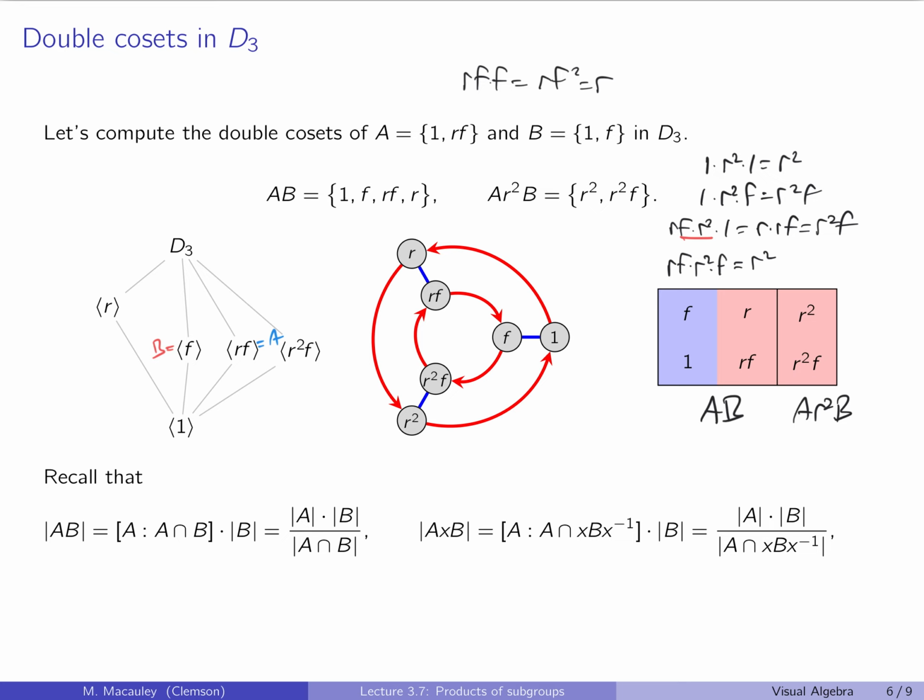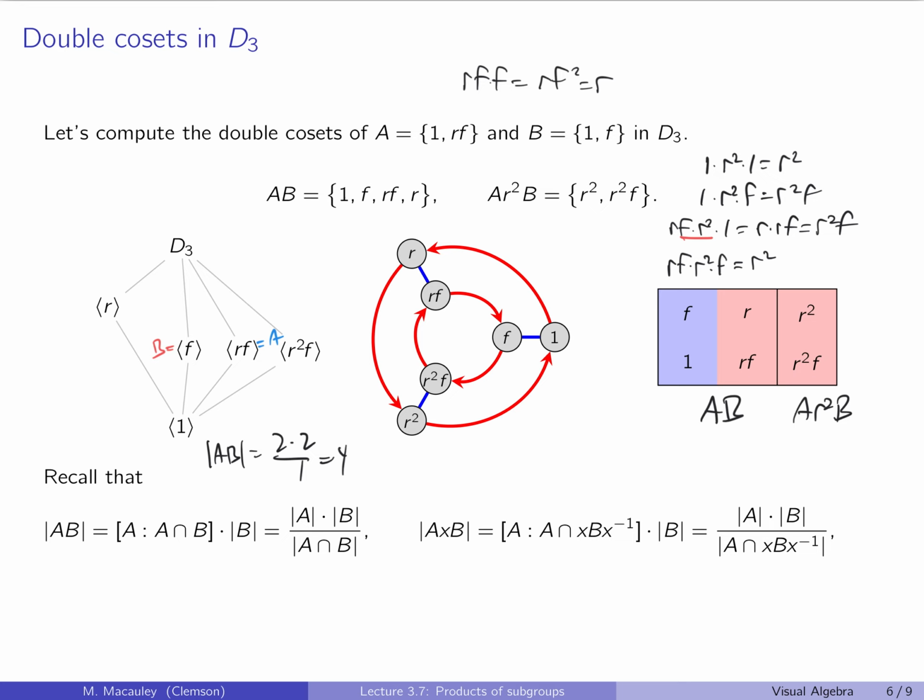Remember that the size of AB is just the size of A times the size of B divided by the size of the intersection, which is 1. So right over here we can say that the size of AB is 2 times 2 over 1, which is 4. And then what about this one here?